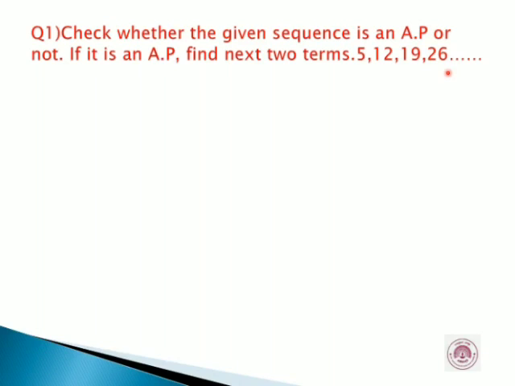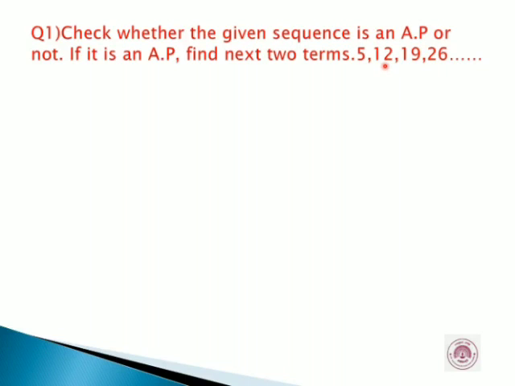We have to check whether the given sequence is an AP or not. If it is an AP, we have to find the next two terms. So here, what is the first term? First term T1 is equal to 5. Second term T2 is equal to 12. T3 is equal to 19.